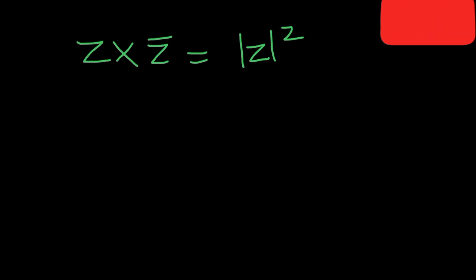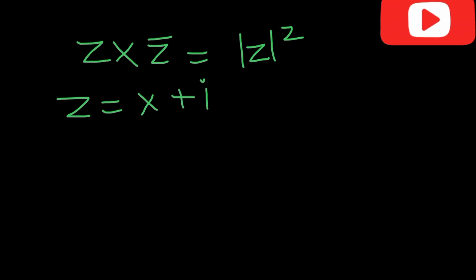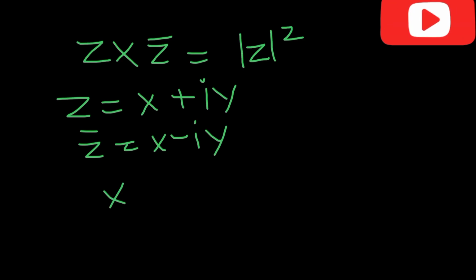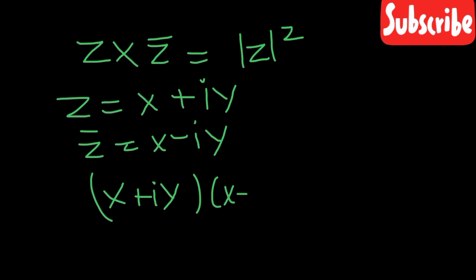Now let us derive this property. So z here is x plus iota y, and z bar, as you have studied, is x minus iota y, that is its conjugate only. Now on multiplying this we get (x plus iota y) into (x minus iota y).